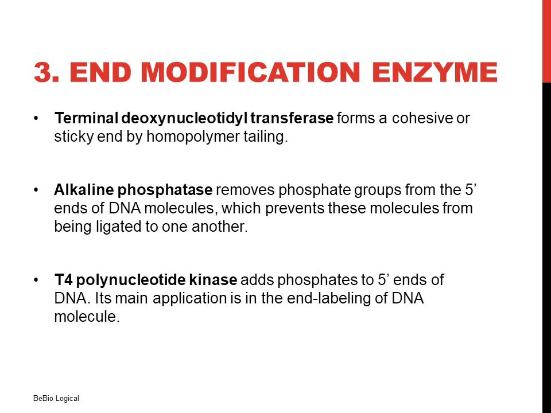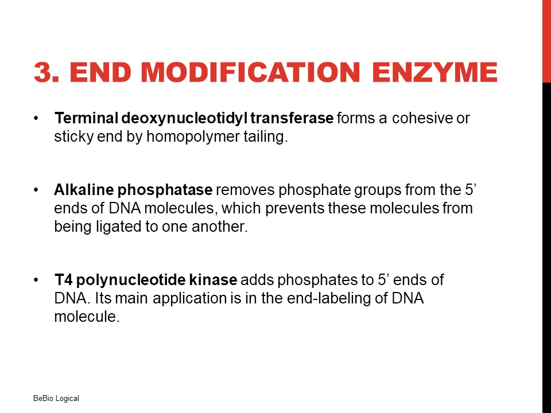Next, alkaline phosphatase, obtained from various sources including E. coli and calf intestinal tissue, removes phosphate groups from the 5' ends of DNA molecules, which prevents these molecules from being ligated to one another.